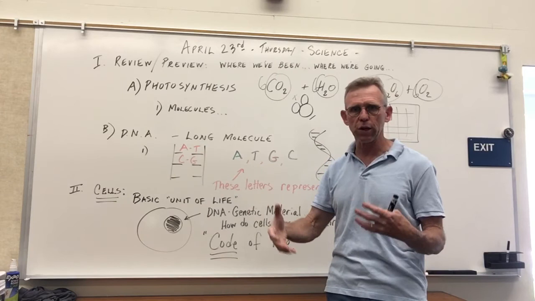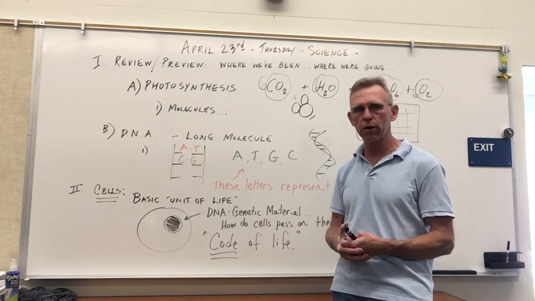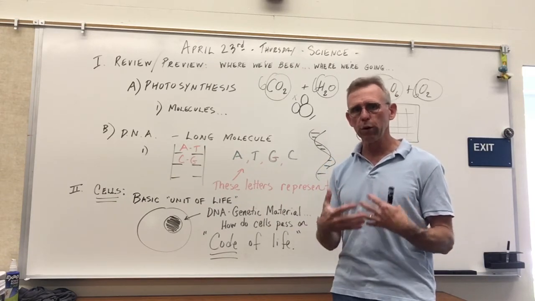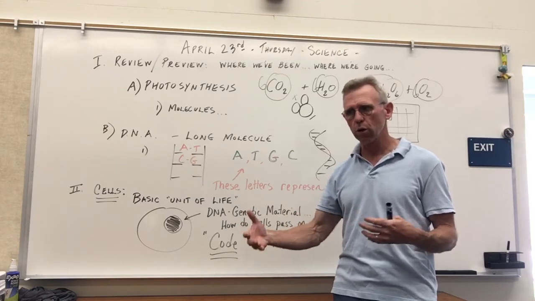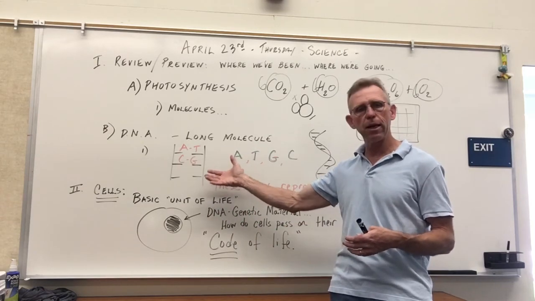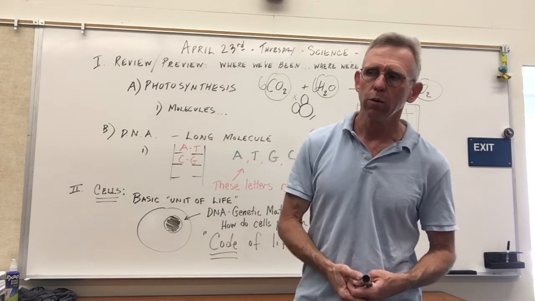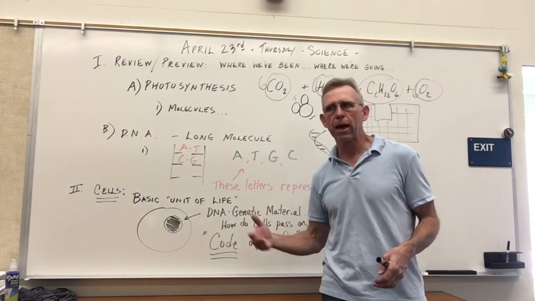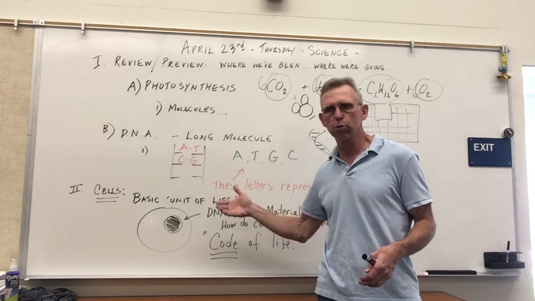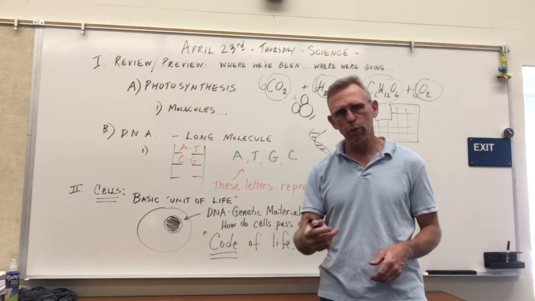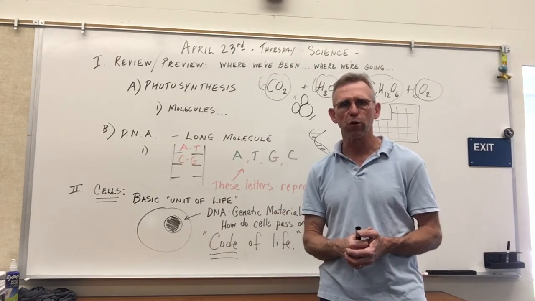DNA is a special type of molecule that can make a copy of itself. And what we're going to be learning in the next week or two is, if DNA makes a copy of itself and passes that copy on, what are the rules? How does it pass those patterns on to make you? So that's where we're heading with this. I hope that helps out with a little bit of a review preview.